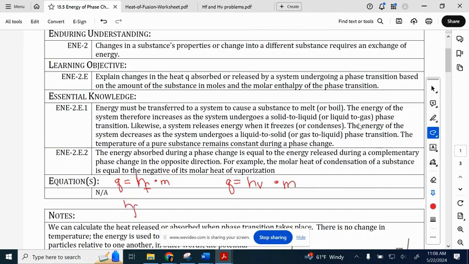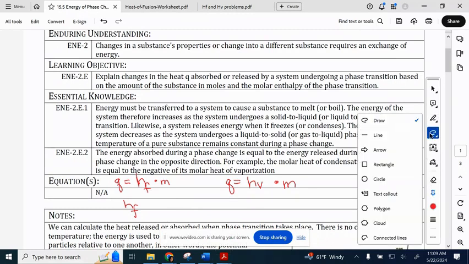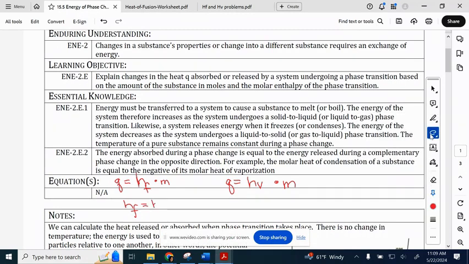So heat of fusion is the heat required to melt a sample.